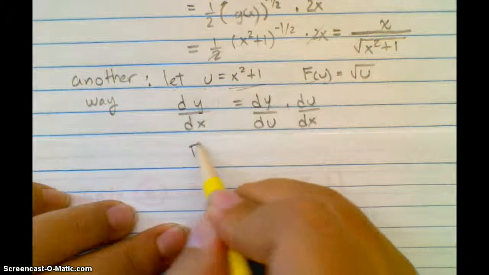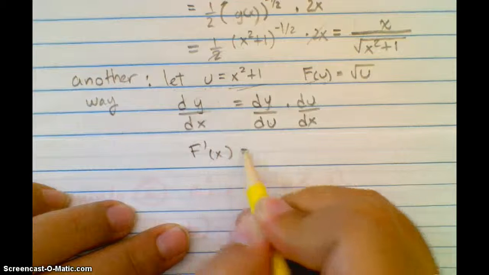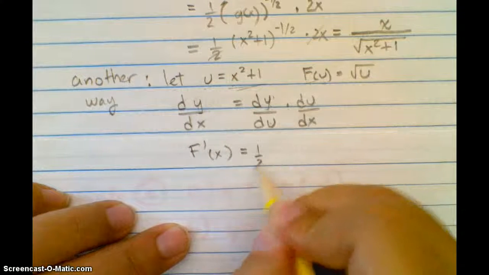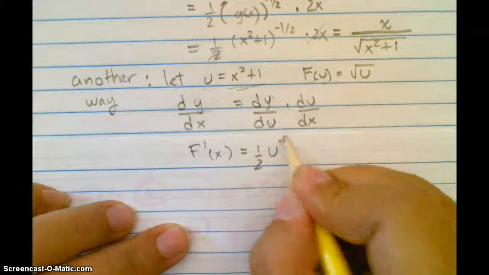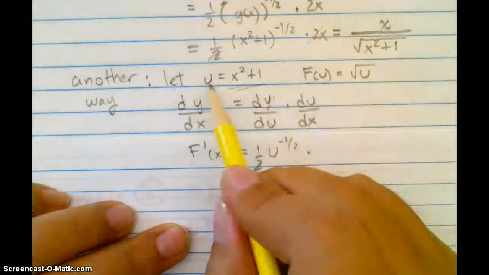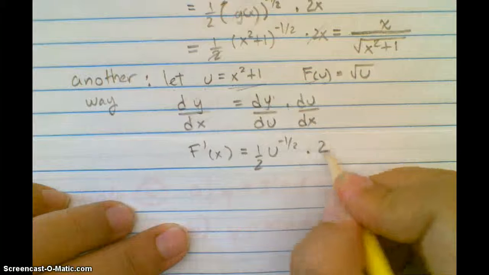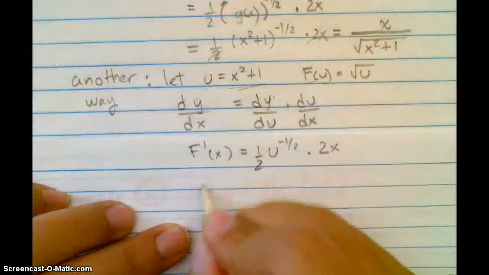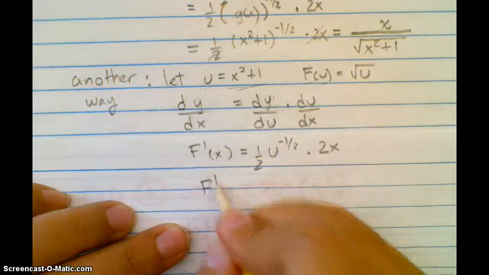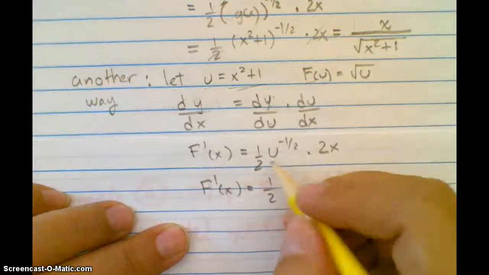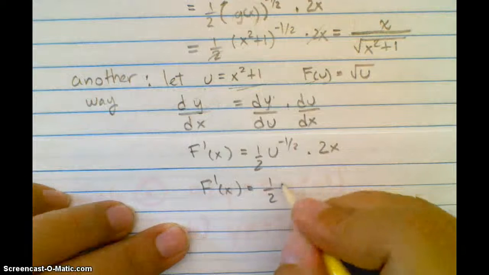So the derivative that I'm looking for is given by the derivative of y with respect to u, which is 1/2 u to the negative 1/2, times the derivative of u with respect to x. So I'm going to take the derivative here, which is still 2x. And then in the next step, I'm going to replace u, I'm sorry, instead of u, I'm going to have the function that depends on x.